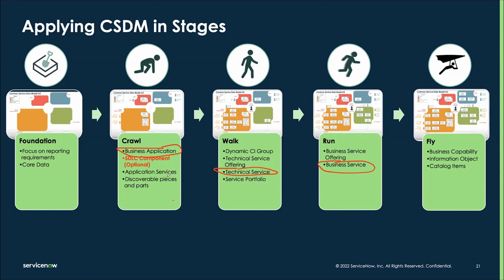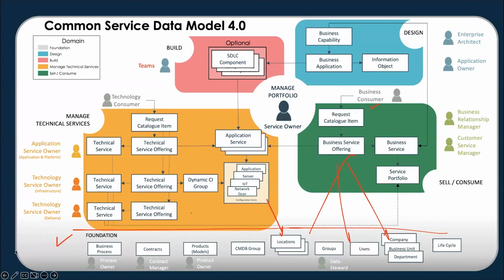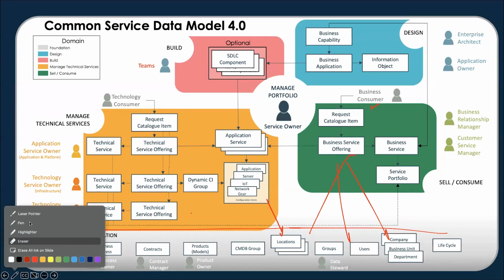Well, I find that a lot of folks treat it like a game, right? They want to make sure they cover everything in CSDM. And I tell them, don't cover something if you're not using it. If you don't have enterprise architects looking at that portfolio, don't try to define them, because you have nobody to own and define and manage them. You're sort of out on a limb there. You're just going to create data with no real owner or use case.